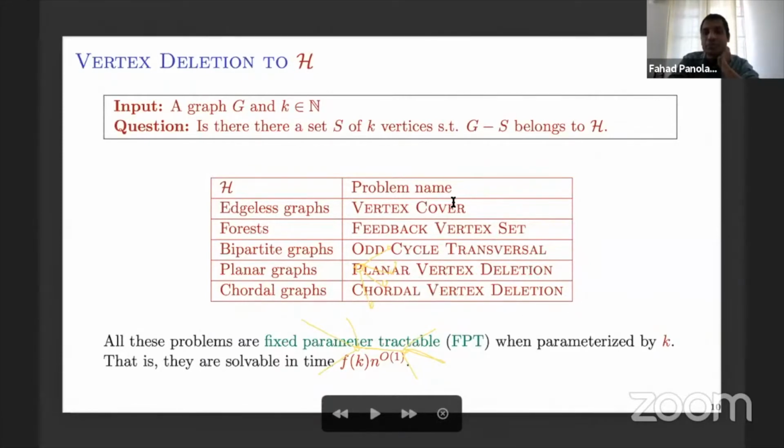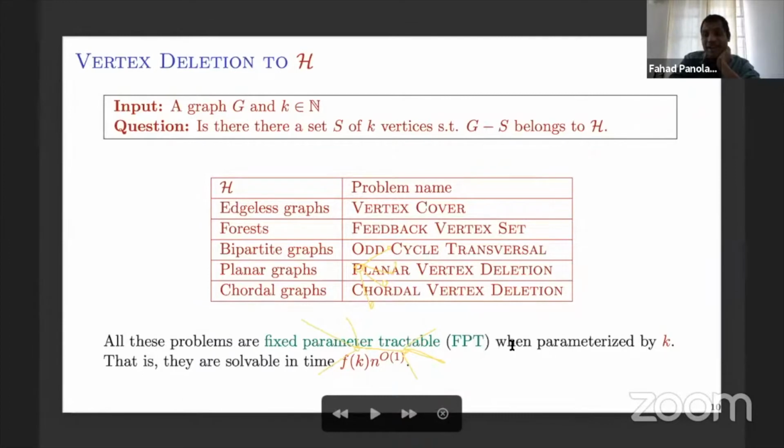All these problems are fixed parameter tractable. There are lots of algorithms for all these problems, and lots of techniques developed while designing good algorithms for these problems. What is the meaning of fixed parameter tractable?